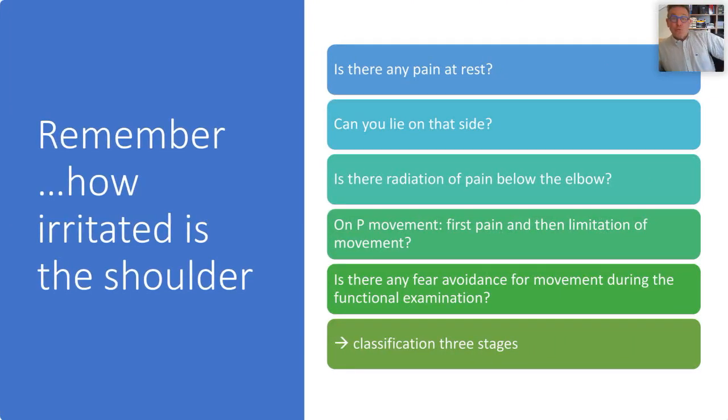Remember what I told you about how irritated the shoulder is? We have the 3 questions from the history. But there's also another little detail. When you do the passive lateral rotation, if you have pain, and you can't go any further, so there is pain and then it's too much, that's pretty irritated.